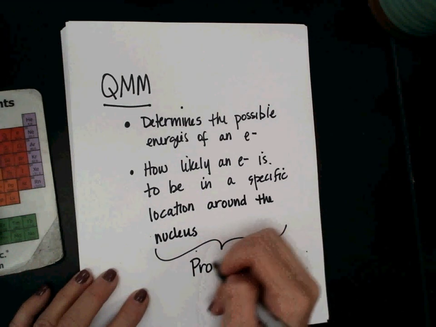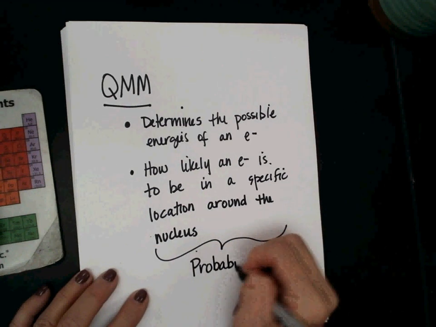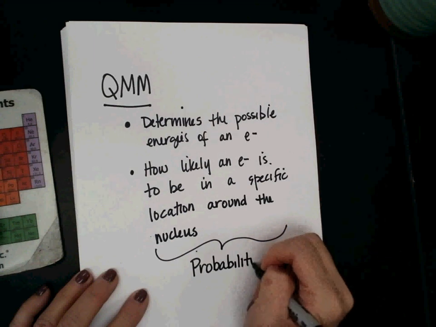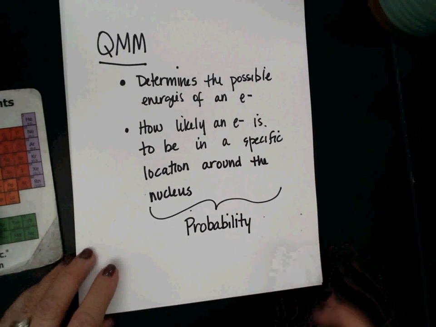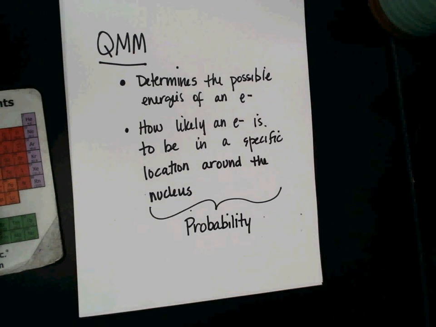This right here, we're going to talk about this and look at some pictures. This is called probability. Like in math, sort of.